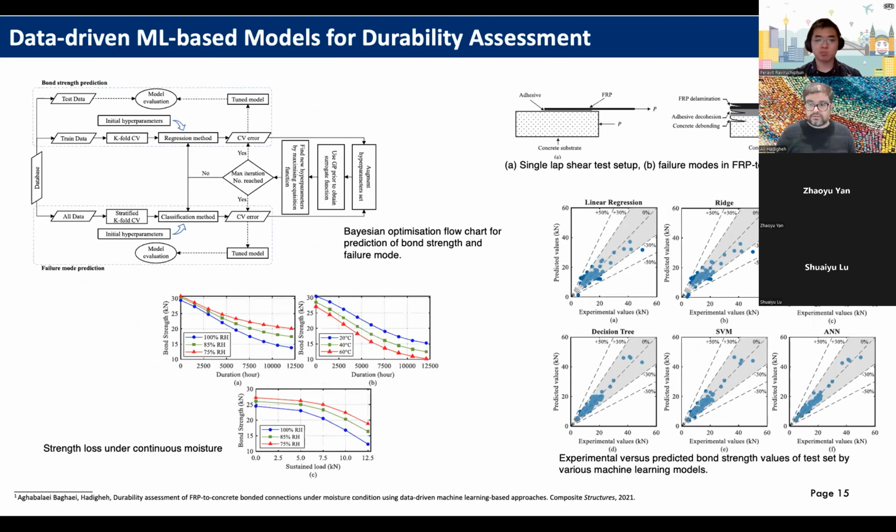My PhD student compared different machine learning techniques, collected a large amount of data from literature, analyzed those data and developed machine learning models, and showed, as you can see on the bottom right corner of the slide, that machine learning models can provide a good representation of the performance and can predict the performance with high accuracy, specifically artificial neural network in this case.